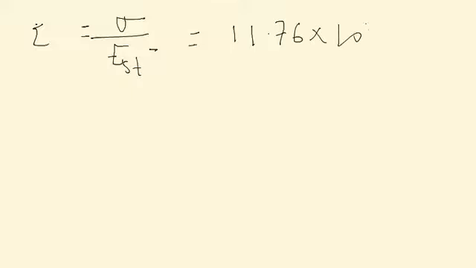Strain is equal to the stress over the Young's modulus of the steel, and this is equal to 11.76 times 10 to the power of 6 Pascal, all over 210 times 10 to the power of 9 Pascal, by converting from giga to normal Pascal.